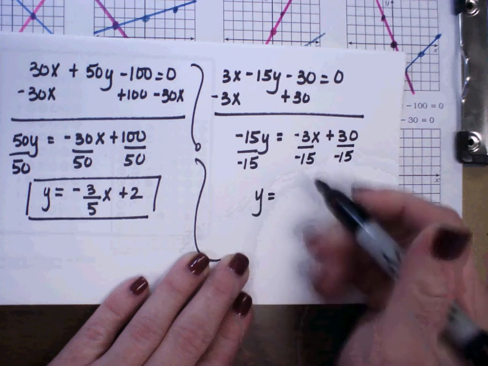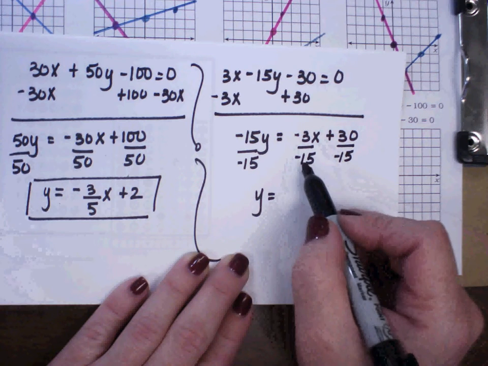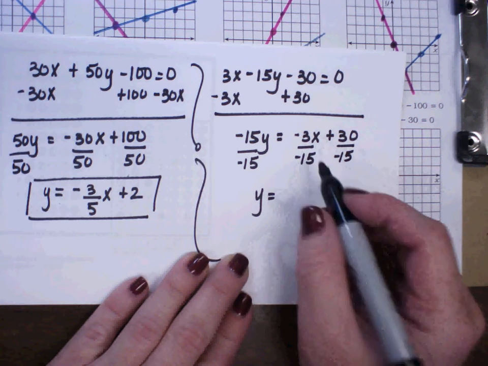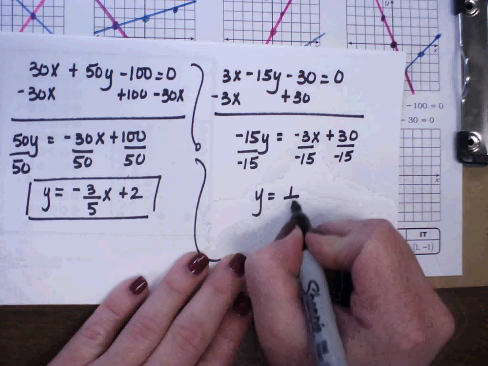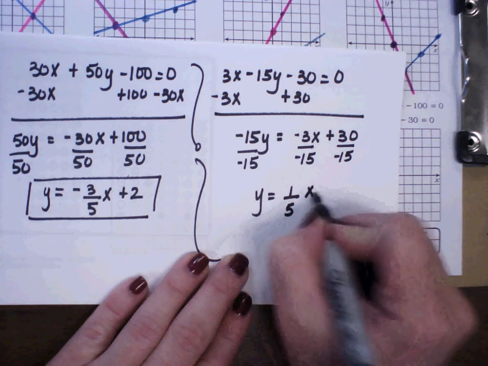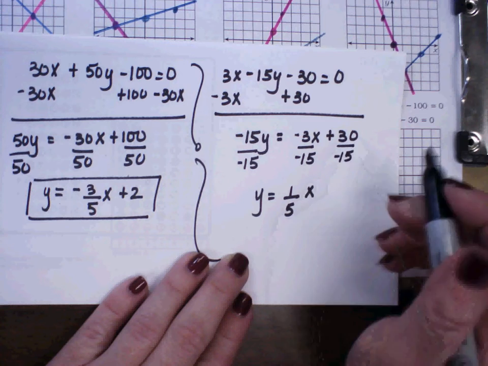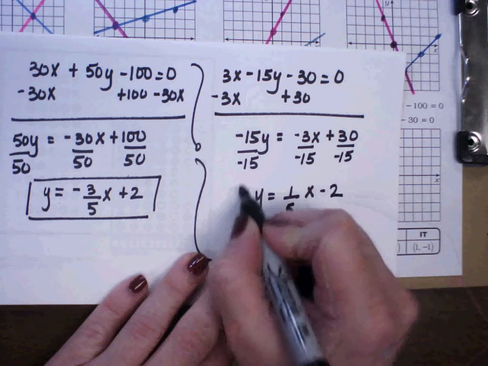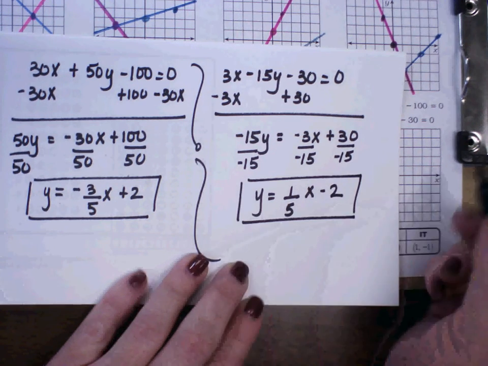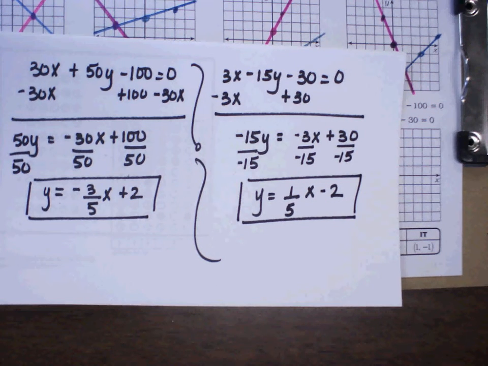That would be positive, right? So you simplified using 3, but it's still a fraction. What's the fraction? 1/5, not 1/3, 1/5. And what is positive 30 divided by negative 15? Negative 2. All right, shh, quiet. My God, it's not a competition.